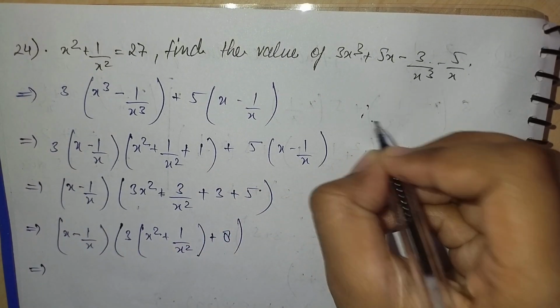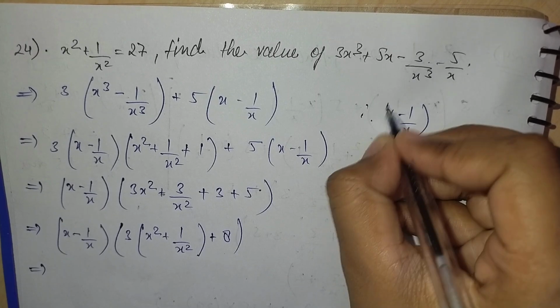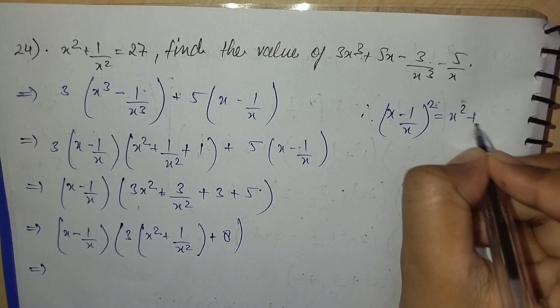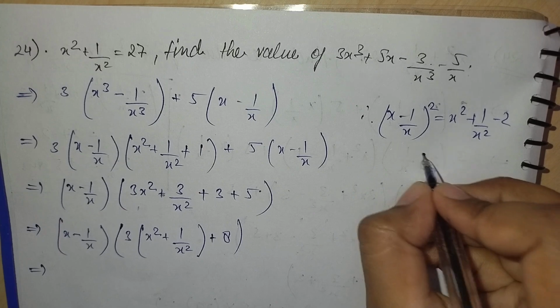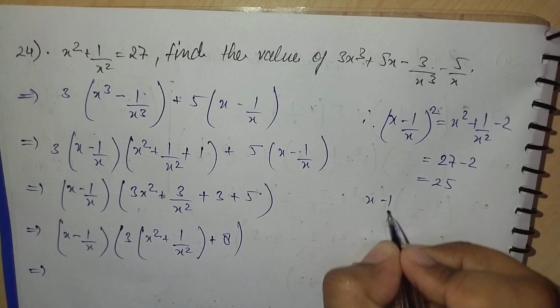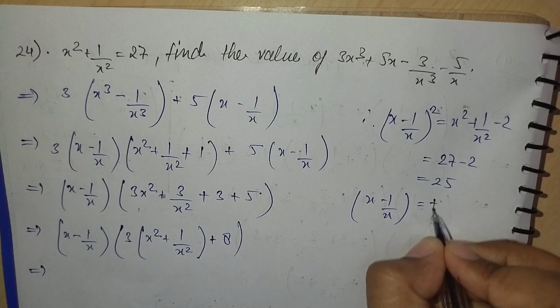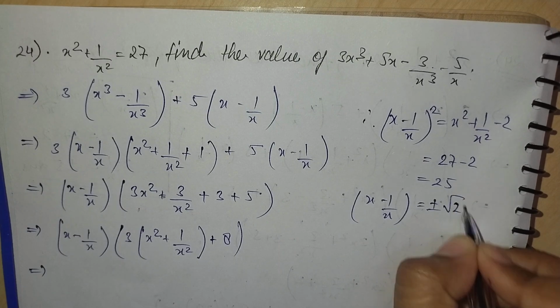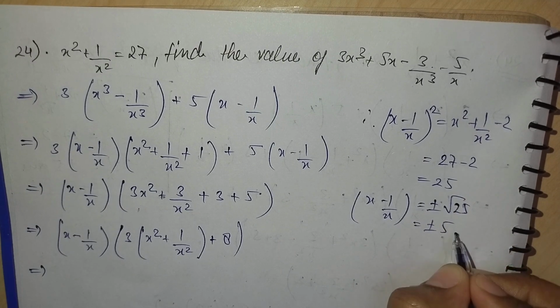On putting the value of x minus 1 by x, here we will find the value of (x minus 1 by x) whole square. Firstly we will get x square plus 1 by x square minus 2, putting the value 27 minus 2 we will get 25, so the value of x minus 1 by x we will get from here is under root 25 equal to plus minus 5 here.